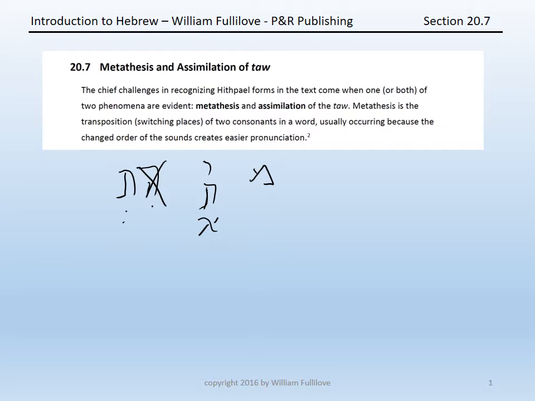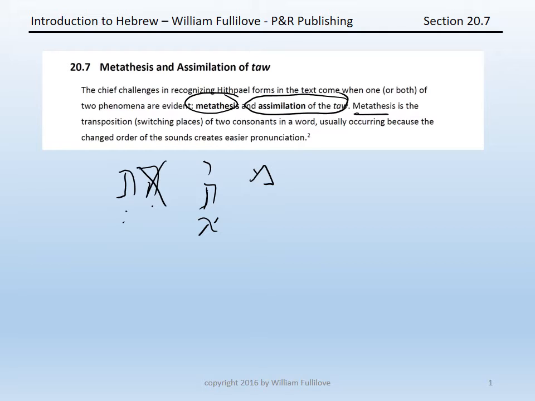The chief challenge that does develop in recognizing hit pa'el forms in the text comes from two different phenomena, metathesis and what we call the assimilation of tav. Metathesis means the switching places of two consonants in a word. Usually this is something that happens because the changed order of sounds creates an easier pronunciation.